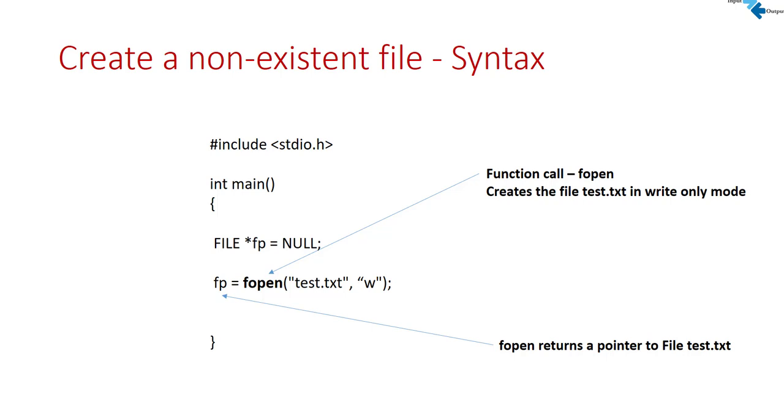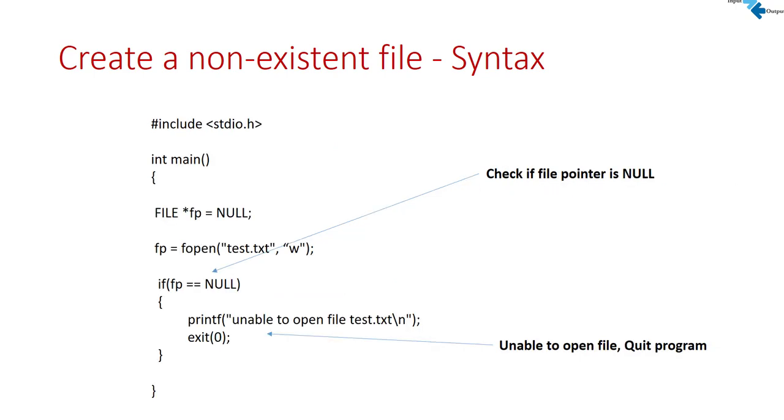Again, if this file doesn't exist, when compiling this short program, you will find that a file was created in your directory. Every time you are dealing with pointers, and if you remember when we were dealing with pointers, we said the same thing.